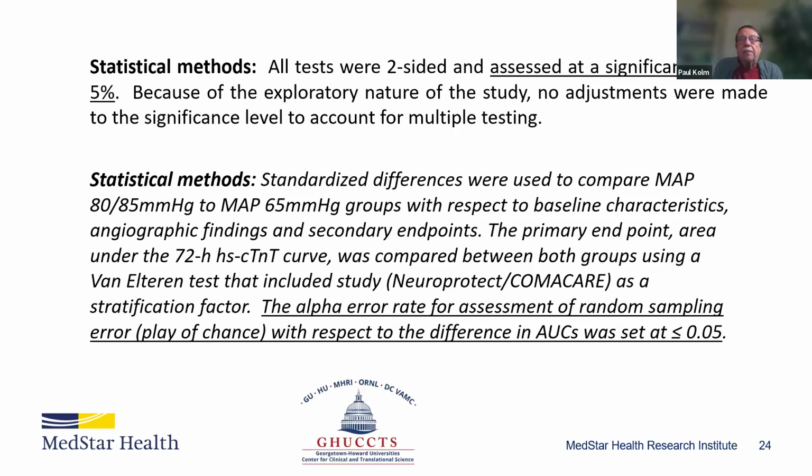So that's really what is meant when people say a p-value of 0.05 was set as the significance level. That's really what is meant: you're assessing the probability that you're going to get a difference just by random sampling error.